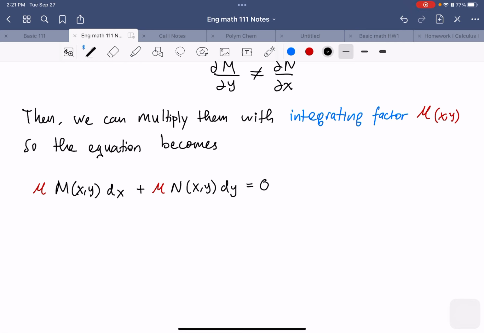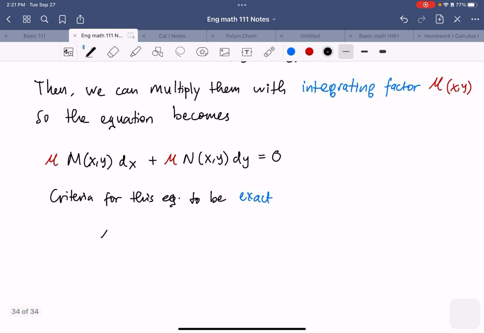Suppose this is exact, then the criterion for this equation to be exact is, because now we have mu, we include mu M, and this is the y, supposed to be equal to the x for mu N. Because mu is a function, it can be x, it can be xy, it can be y.